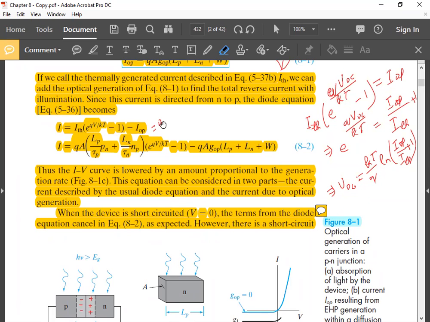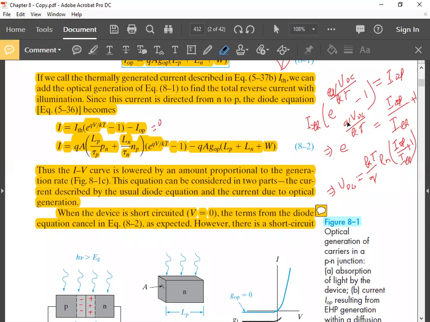So from this equation, you can get a value of V. That V is the open circuit voltage. If you equate this equal to 0, what do you get? I have shown here: I thermal, this first part, equal to IOP. From there, e to the power, this V becomes VOC, the open circuit voltage.